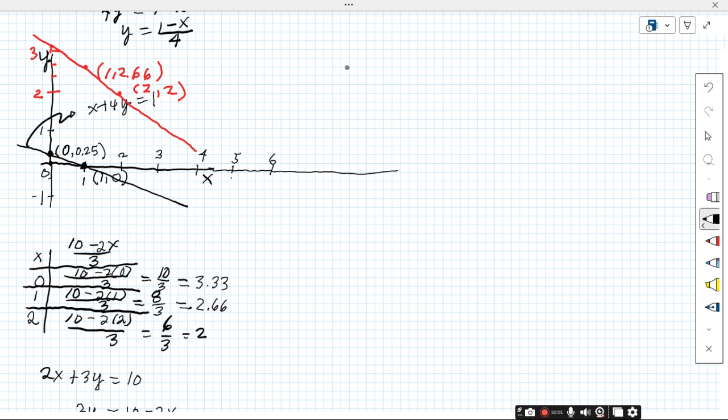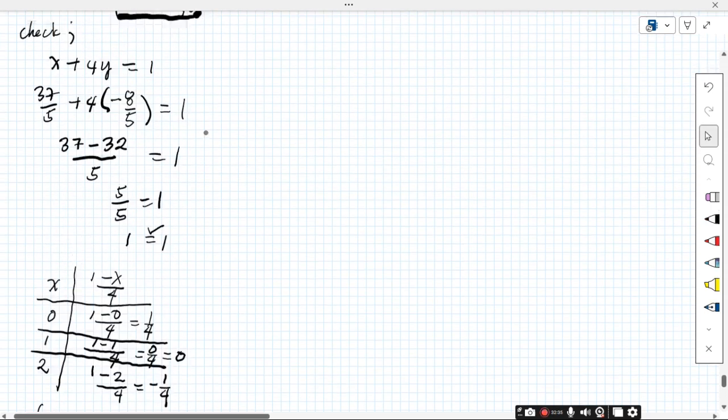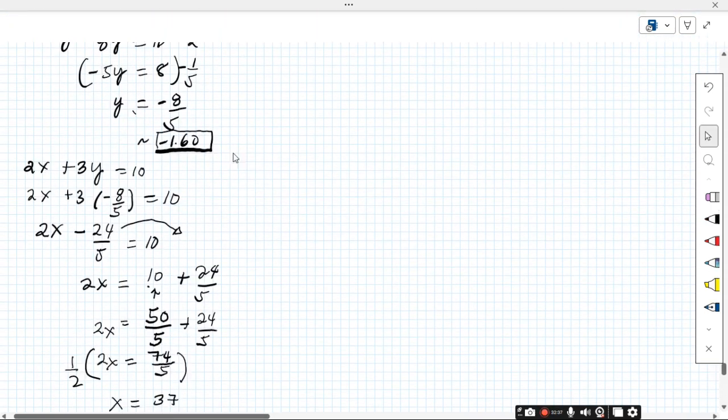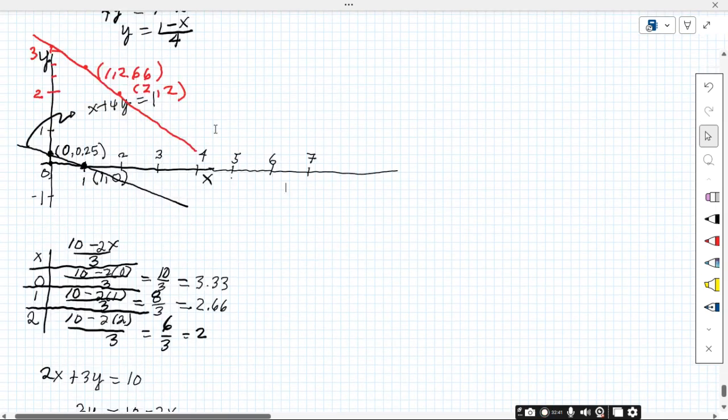That is 6. 1, 2, 3, 4. So that's 7. Okay, 7.4, and our value of y is around negative 1.6 or 2. So you should count 4 segments here also: 1, 2, 3, 4. So this is around negative 2.